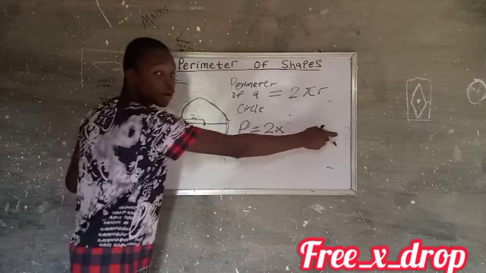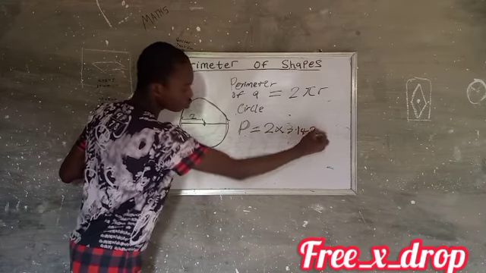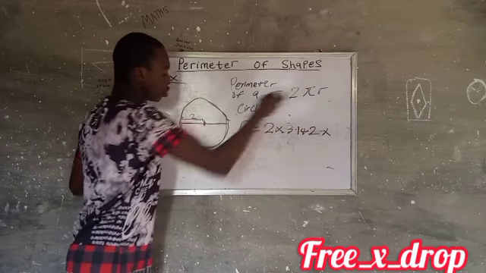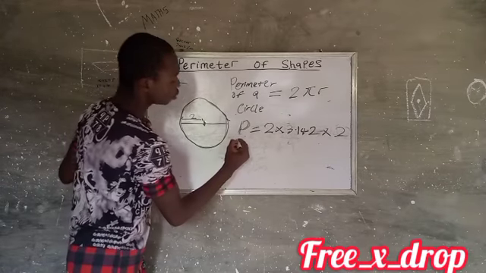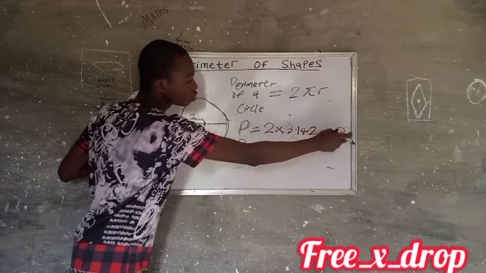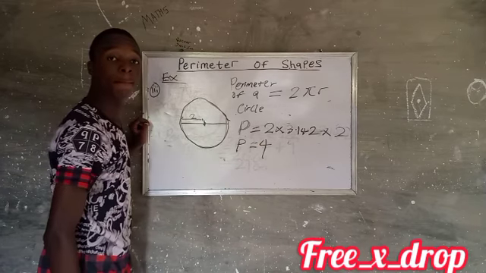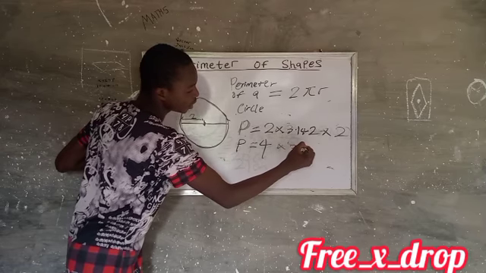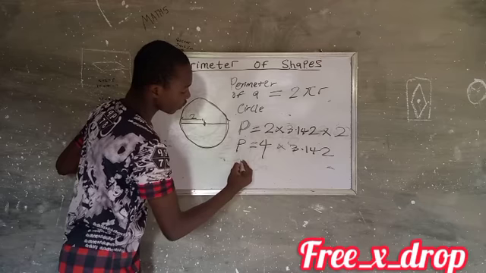I gave you the constant value of pi, 3.142, times your radius, which they gave you in the question as 2. Now we're going to be solving: perimeter equals 2 times 2, which is 4. And now 4 times 3.142. When you do this, you get your final answer.